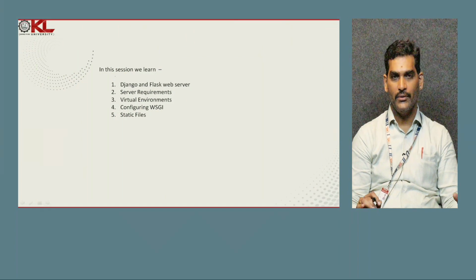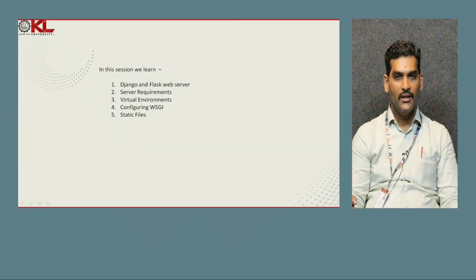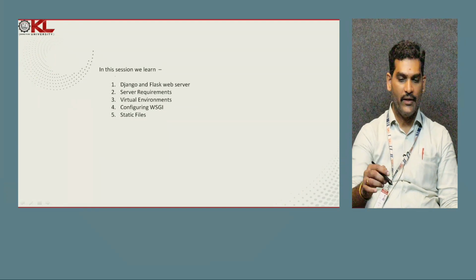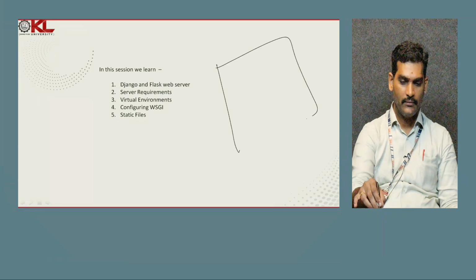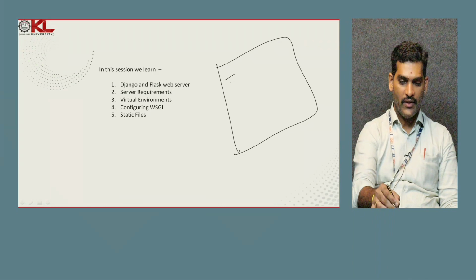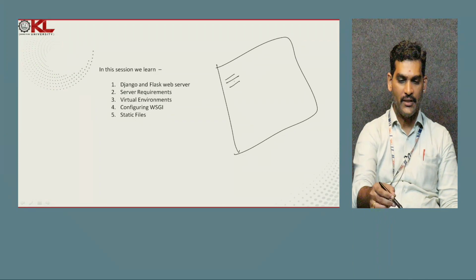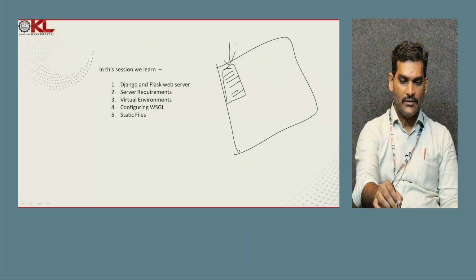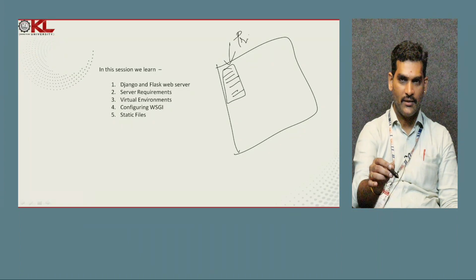So in this session we'll end up with Django and Flask web server, server requirements, virtual environment, configuring things and static files. Finally, whenever a project is created, urls.py is there, settings.py is there, and wsgi.py will be there, along with __init__.py; everything will be there. This is related to the project.